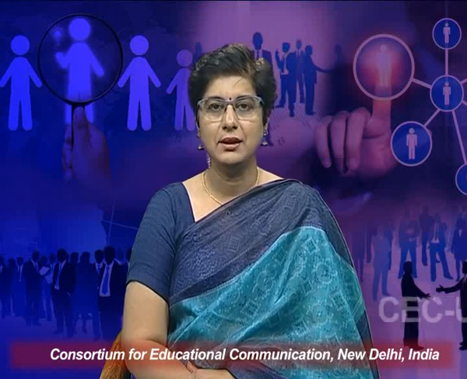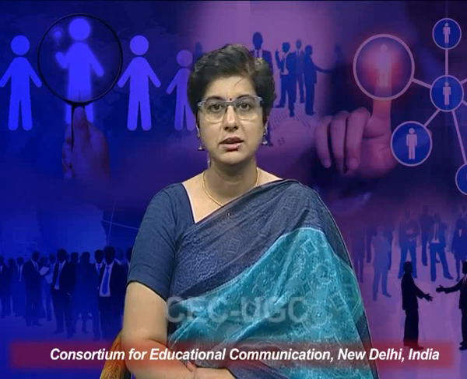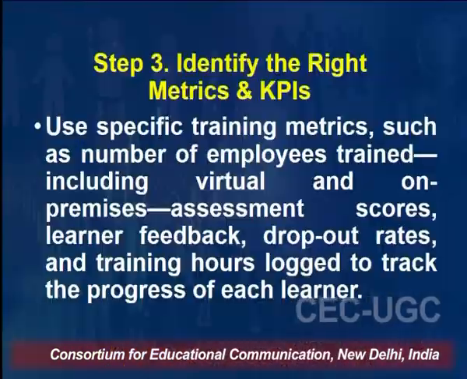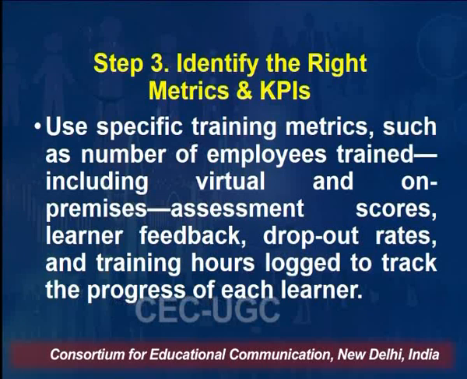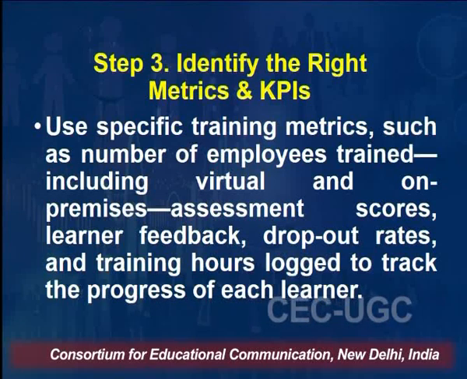The third step in the process is to identify the right metrics and the key performance indicators. Use specific training metrics such as the number of employees trained, including virtual and on-premises, assessment scores, learner feedback, dropout rates, and training hours logged to track the progress of each learner.